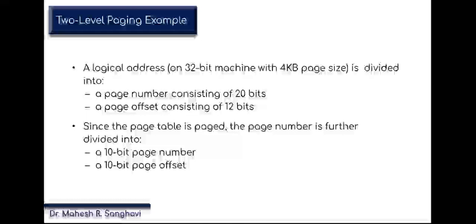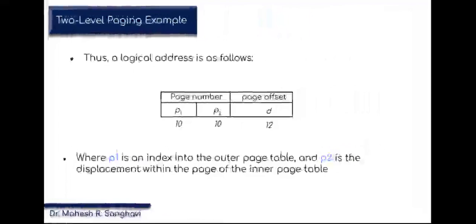Okay, so here we need to understand that 20 bits will be the page number and 12 bits will be the offset. The next figure will give you a clear idea that P1 will take 10, P2 will take 10, and the offset will take 12. So overall in 32 bits, P1 will take care of 10, P2 will take care of 10, and d will be 12.